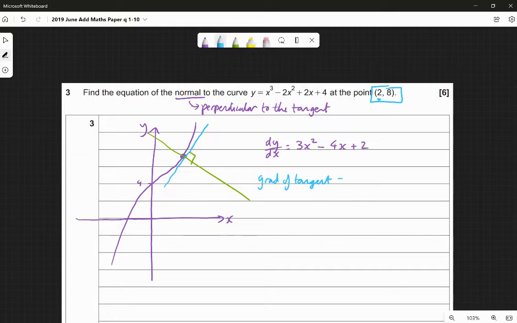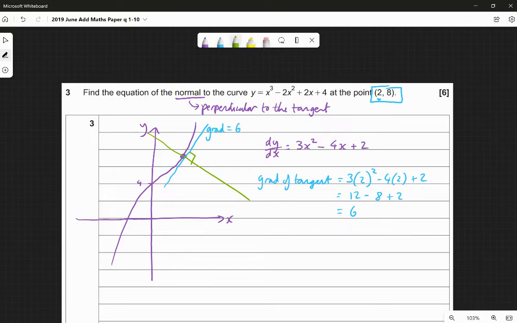So the gradient of the tangent will equal 3 lots of 2 squared minus 4 lots of 2 plus 2. Okay, 3 lots of 2 squared is 3 lots of 4, which is 12. So it's 12 minus 8 plus 2. So that is 6. So the gradient of the tangent, so this gradient is 6.